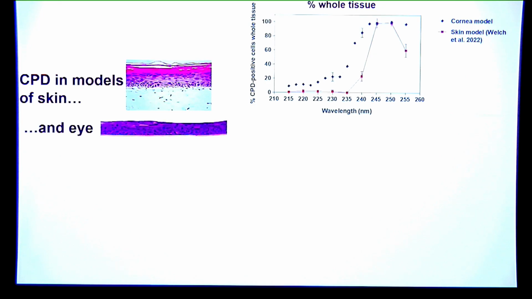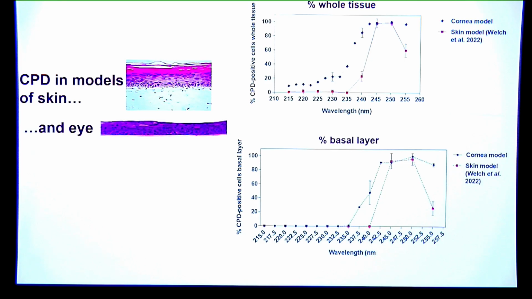Again, the parallel experiments in the human skin and human eye model, this is what it looks like when you compare CPD formation in the whole skin tissue and in the whole cornea tissue. And then again, for the basal layer, where we are mostly interested, far UVC wavelength does not induce DNA dimers even in the basal layer.